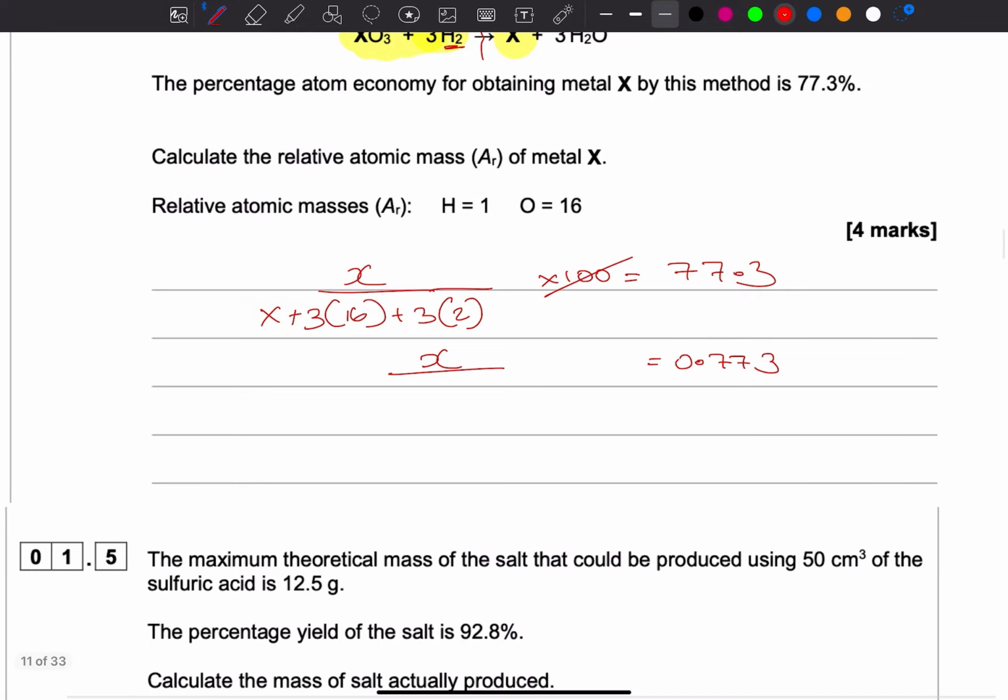So X over X plus 54 is that. We can multiply it over here. So what do you get? X equals, multiply that, 0.773x plus, what is 0.773 times 54? If you multiply that, it's 41.742.